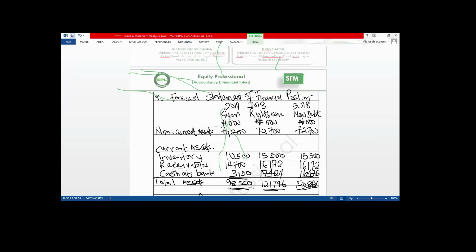The B part is to do a report, evaluating the 2 proposed financing options. And we have done this report severally. What are the financing options? Rights issue and debt finance.